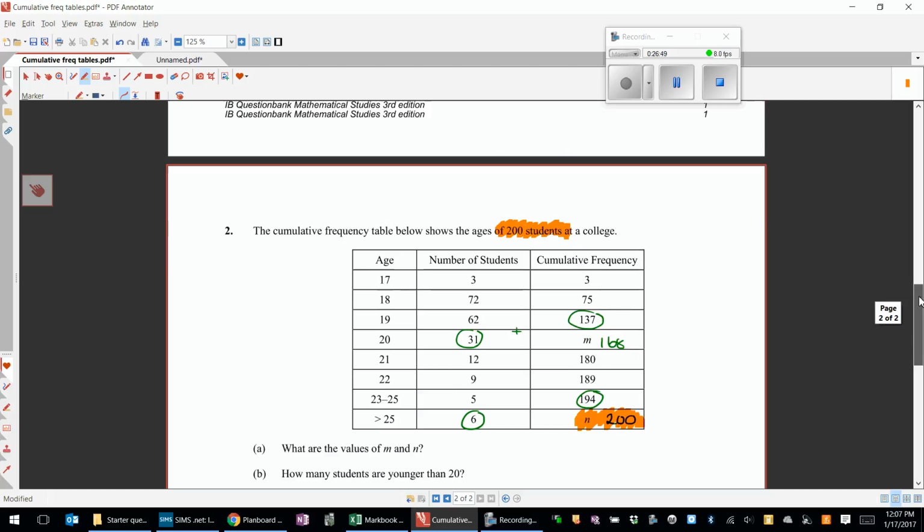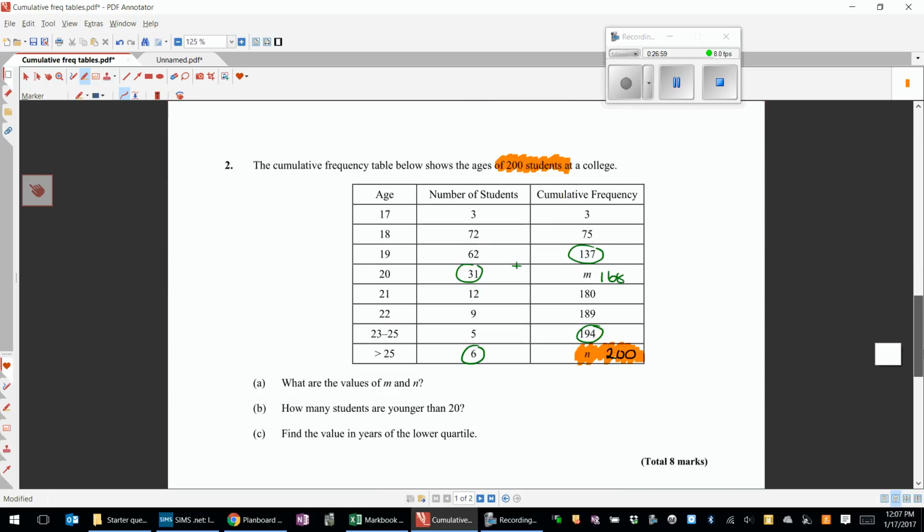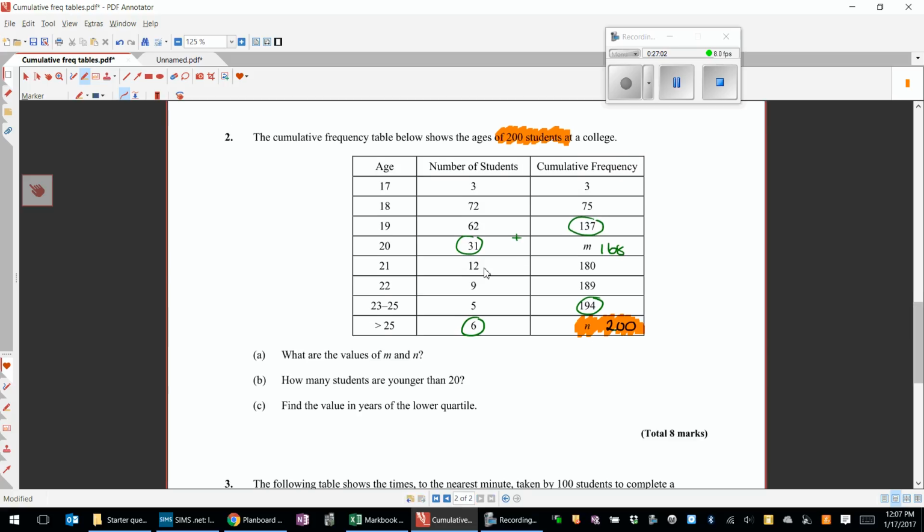On this one, yeah, it's 95, and we weren't told in that case, but this one we are. Okay, so we've got those two values. How many students are younger than 20? 137, yes. The first one younger than 20 is 19, and we have 137, 19 or less.